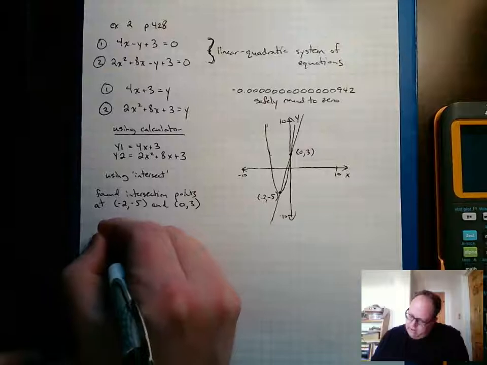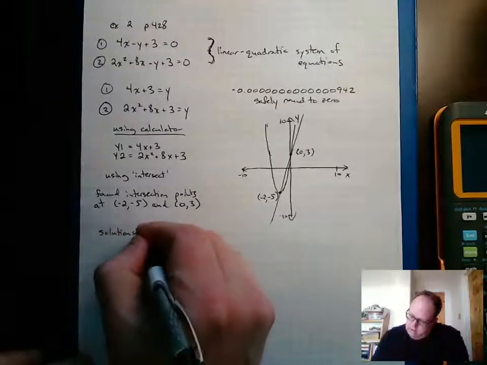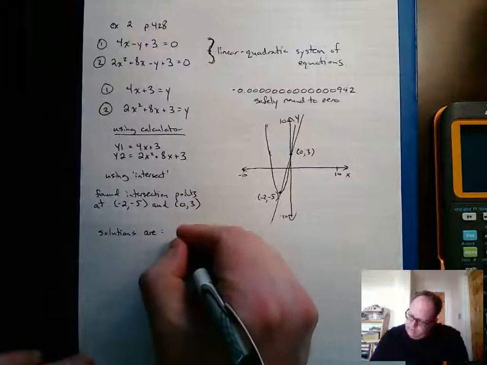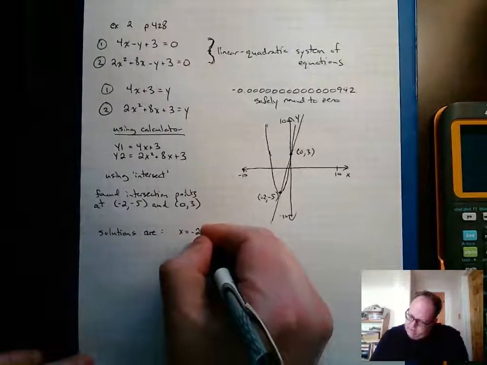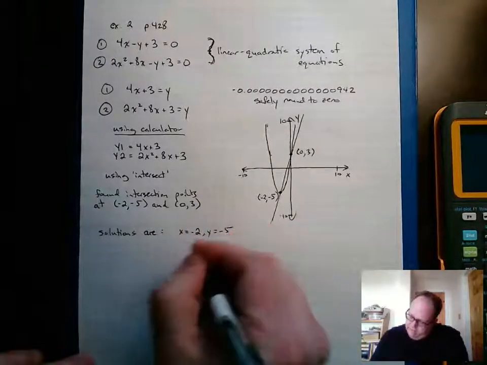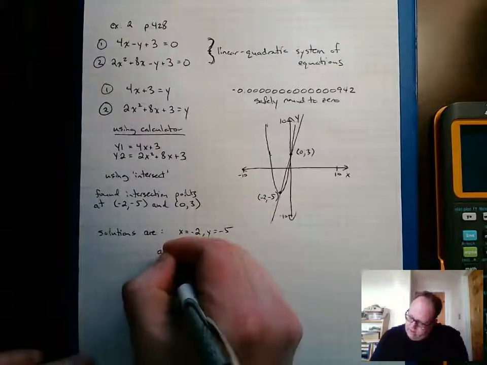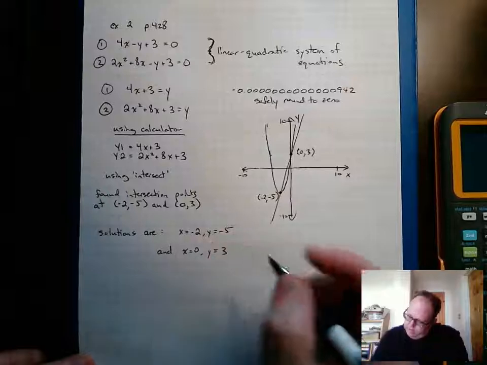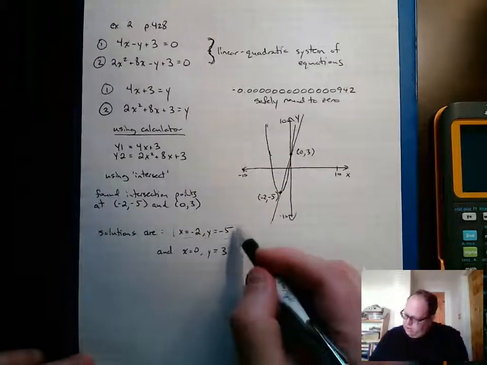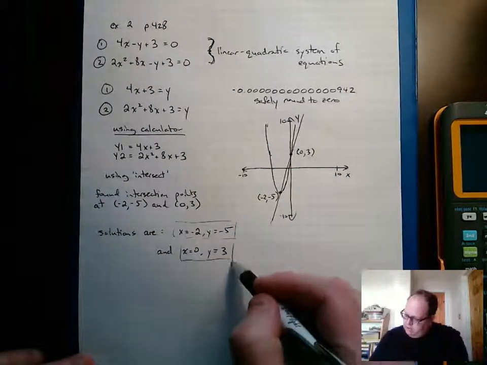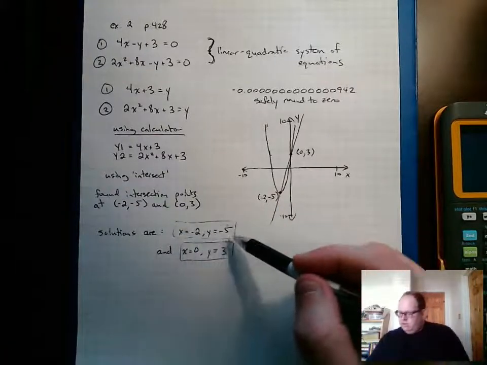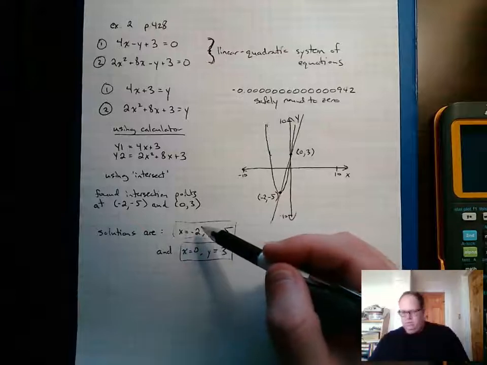So I would say solutions are x equals -2, y equals -5, and x equals 0, y equals 3. So what I'm describing here are two separate solutions for that system of equations. It's worth noting that each pair represents one solution.